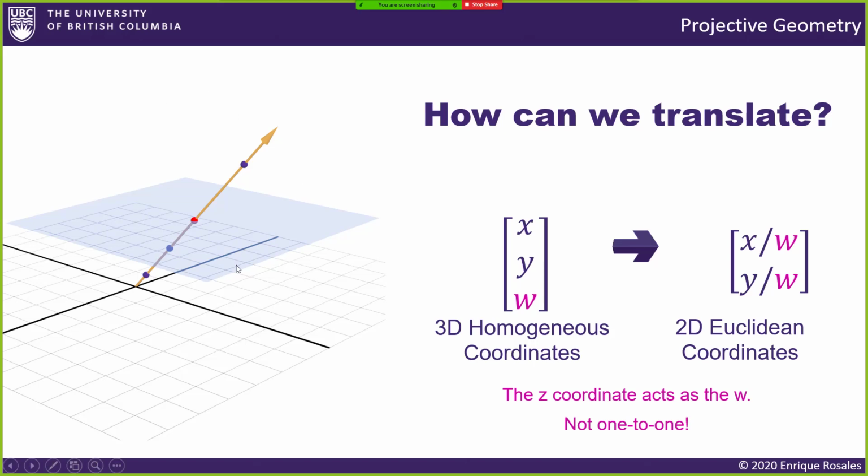What happens here is basically the same as what we were seeing in 2 dimensions. Now we have a 3-dimensional space X, Y, Z, and a plane where the coordinate Z is equal to 1. Remember, the last coordinate of the n plus 1 homogeneous space, we always make equal to 1. This plane represents the plane in which the z value is equal to 1.